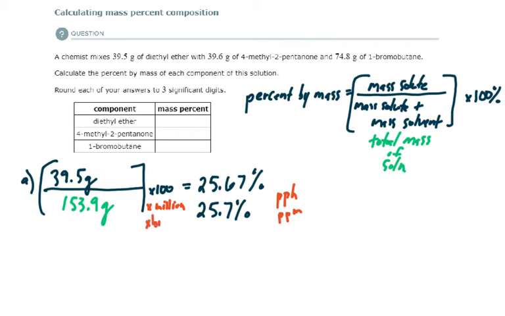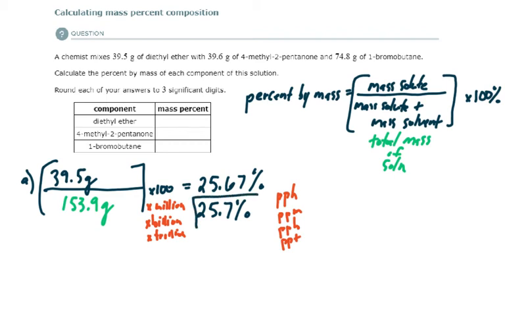I can multiply by 1,000,000,000 instead of 100, and I would get parts per billion. I could even go to 1,000,000,000,000, and I get parts per trillion. So when you hear those things, this is what they're talking about, and this is how those values are determined.